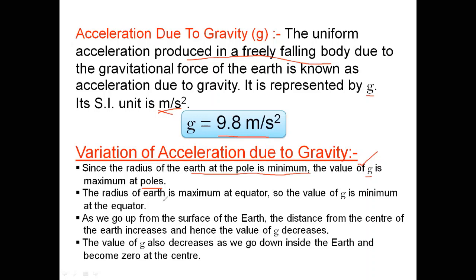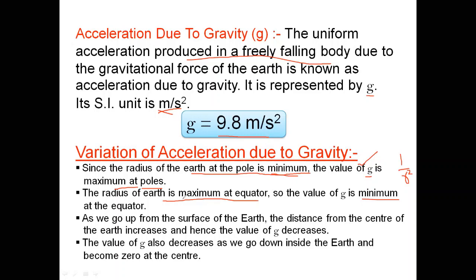The radius of the earth is maximum at equator. ठीक है, इक्वेटर पे जो है वो रेडियस जो होगा, that's value will be maximum. वहां पे जो होगा g की वैल्यू जो होगी वो होगी मिनिमम, because it varies with 1/r². देखो यहाँ पे 1/r², it is inversely proportional to the distance. ठीक है, ये जो है acceleration due to gravity means gravity is directly proportional to the product of their masses and inversely proportional to the square of the distance between them. यहाँ पे रेडियस जो है वो मिनिमम है पोल पे, so the value of g will be maximum.